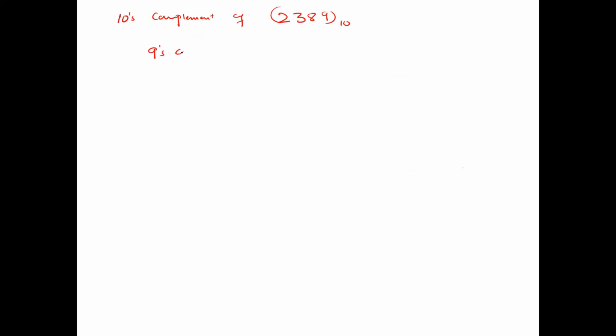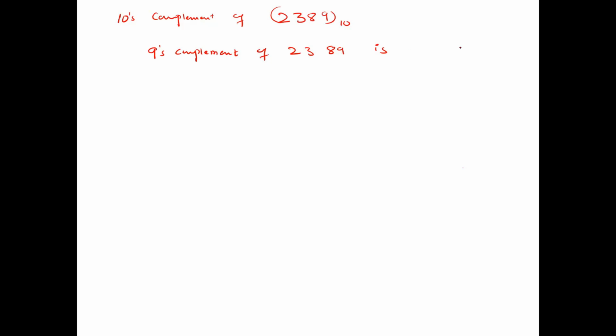The first step is the 9's complement of 2389. So how to calculate the 9's complement? Can anybody tell me how to calculate the 9's complement of a given number? Subtract individual digits of the given number from 9, right?